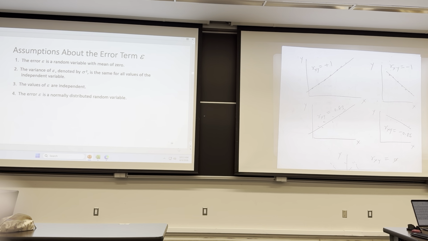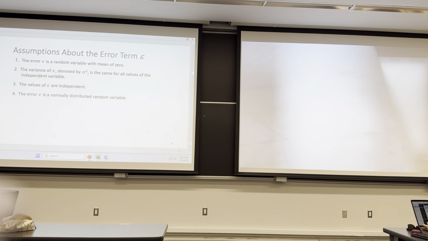One error doesn't depend on another error. That's what we are saying. The variance of error denoted by sigma square is the same for all values of the independent variable. So actually, this is what we are saying.